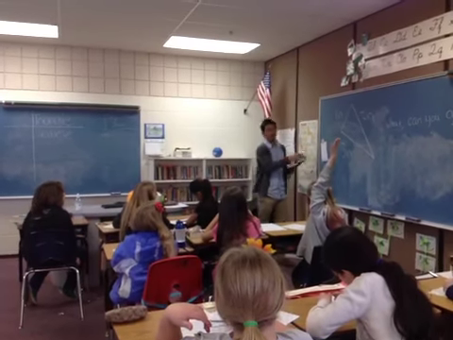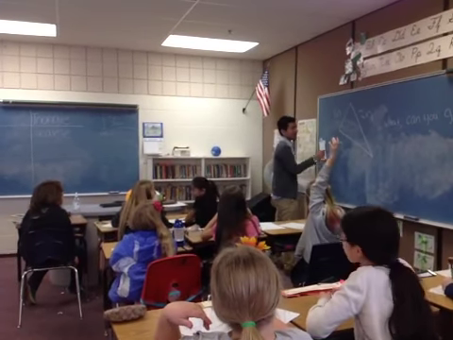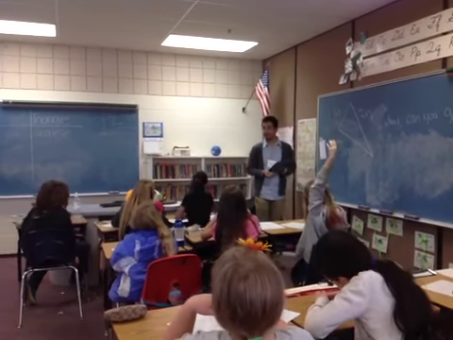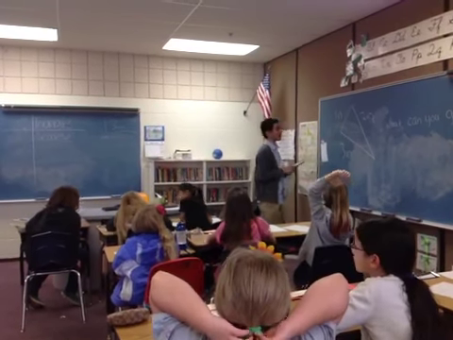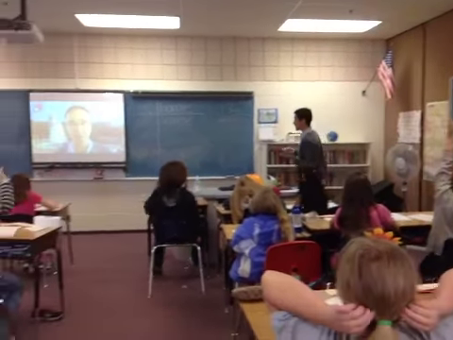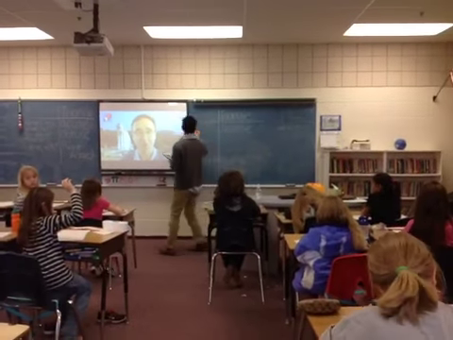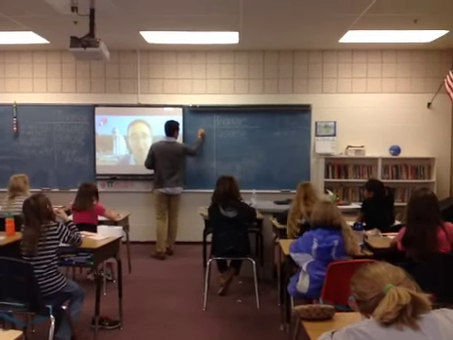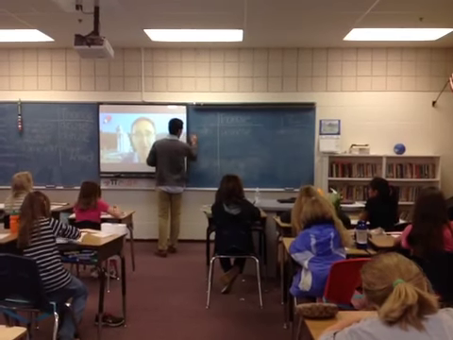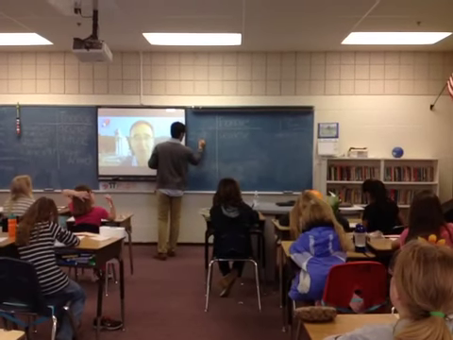This is a scalene triangle because all the different sides are a different length. Does that make sense? Any questions? So that's what a scalene is. All sides are different lengths.